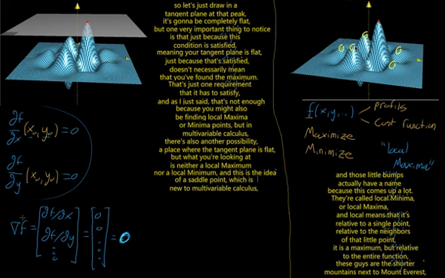x of r and theta is going to be r cosine theta. y is going to be r sine theta. And now z is essentially just a function of x. z is going to be equal to 1 minus x, but x is just r cosine theta.